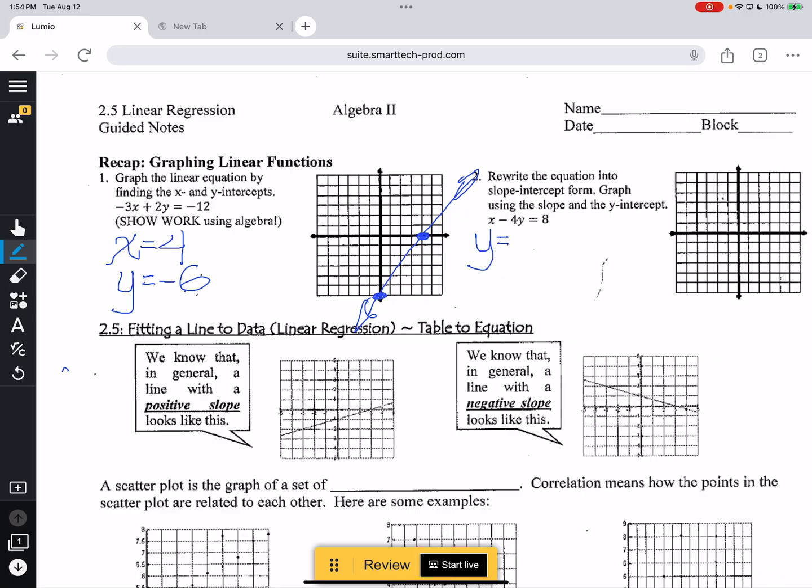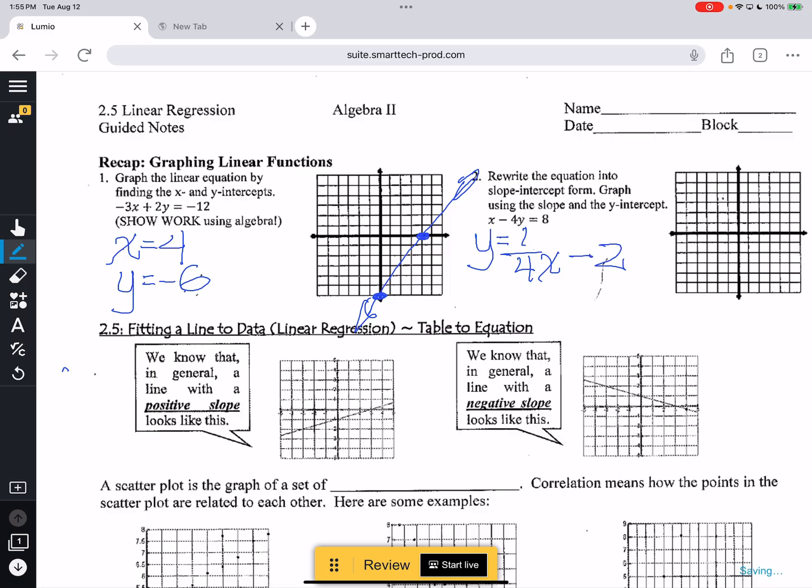It's going to be negative 2, but what's going to be our full equation for slope intercept? What will our slope be? Y equals 1 over 4x, and minus 2.